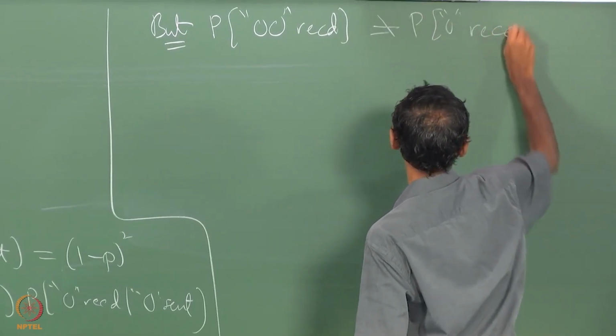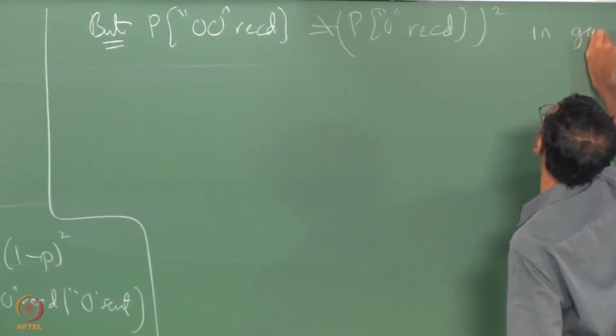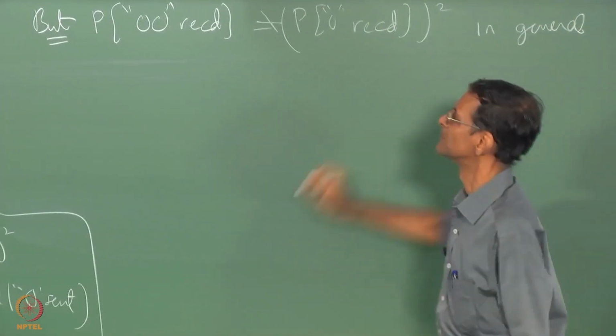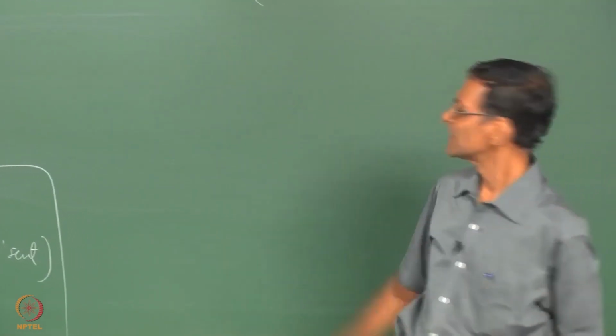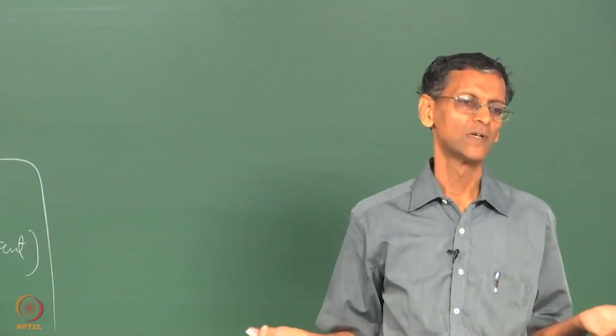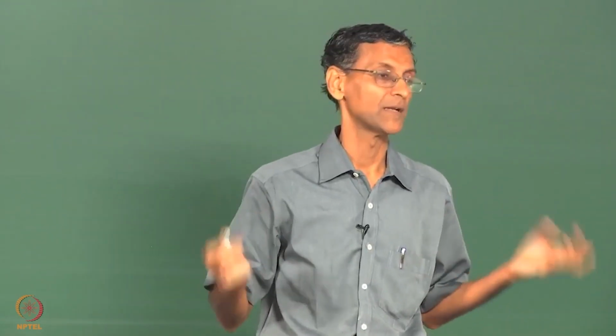This will not be the probability of 0 received squared. So this is a case of conditional independence without, in some sense, absolute independence.